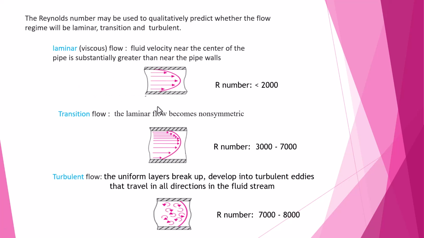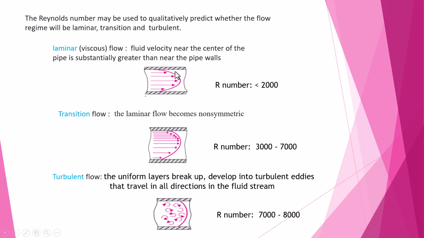There are three Reynolds number ranges that represent the flow behavior. One is laminar, second one is transition, third one is turbulent. Laminar is when the flow velocity near the center of the pipe is greater than near the pipe wall. Here the velocity is high, but near the pipe wall it is very low.